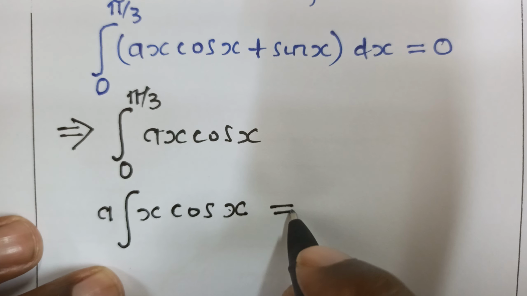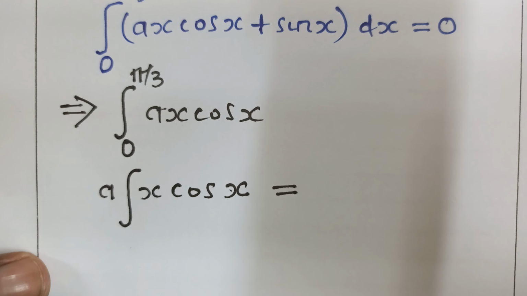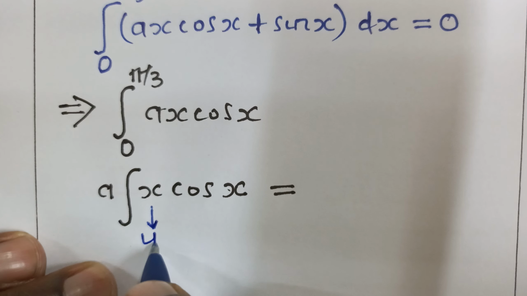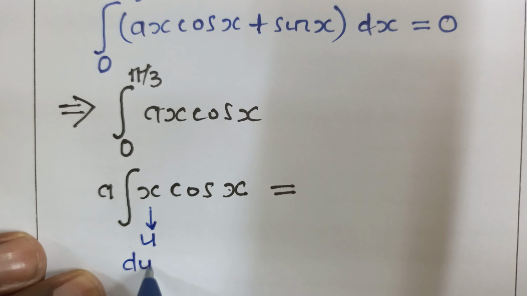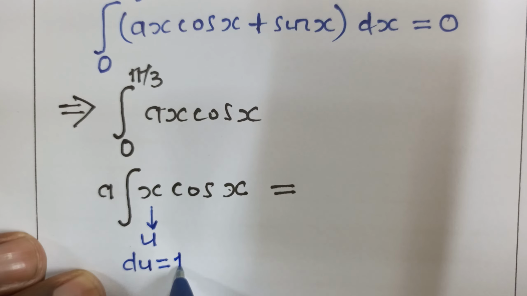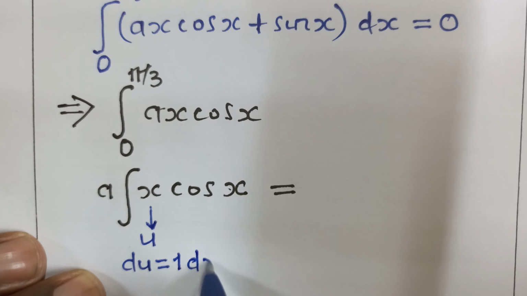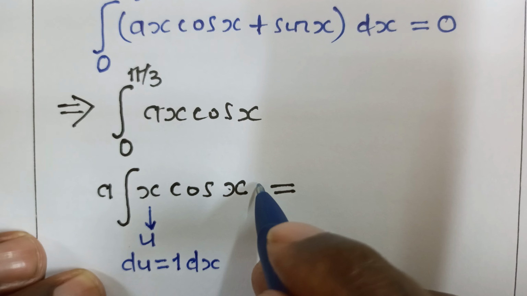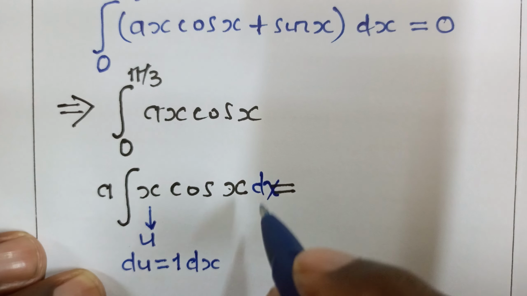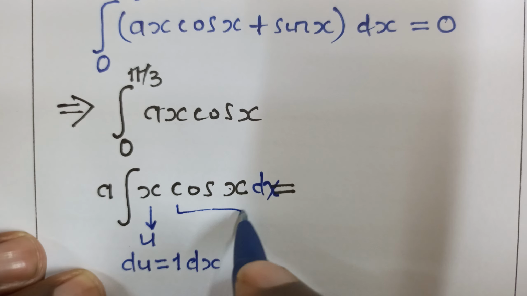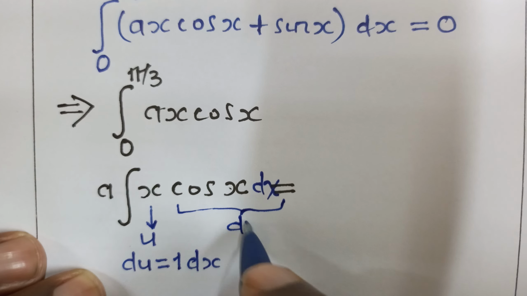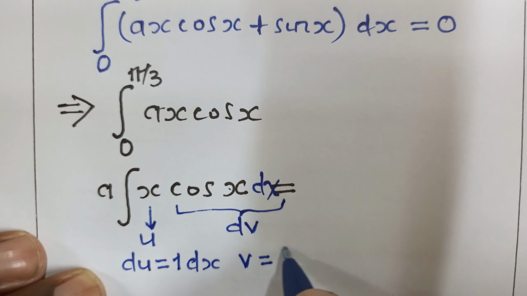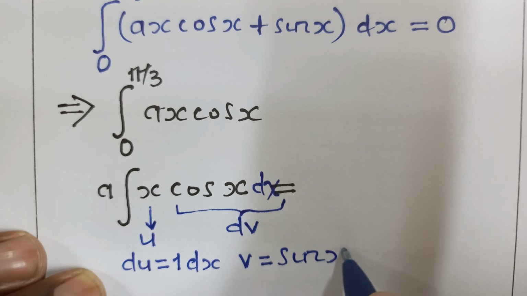Guys, I'm going to use integration by parts so that x, I will say it is u, and therefore du is equals to 1 dx. I take cos x dx as dv, and therefore v is equals to sine x.